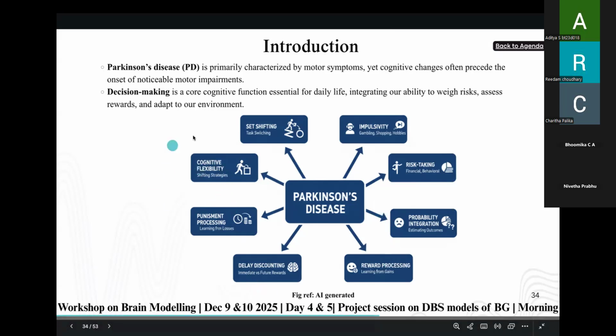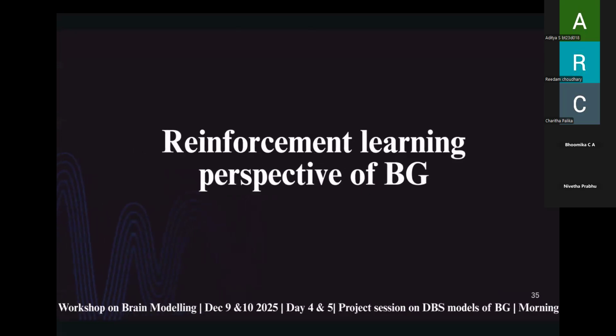They can't show a lot of cognitive flexibility. When I say cognitive flexibility or set shifting, I give them a certain task to do and suddenly change the paradigm of the task. They can't adapt very easily. They have difficulty in adaptability as well. But these are a lot of decision making aspects, and we are not going to look at all of them.